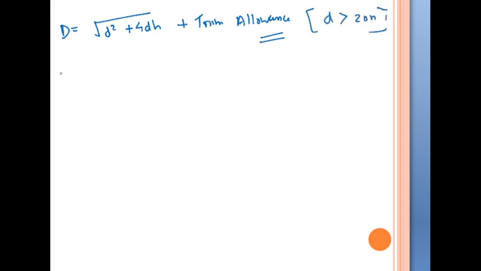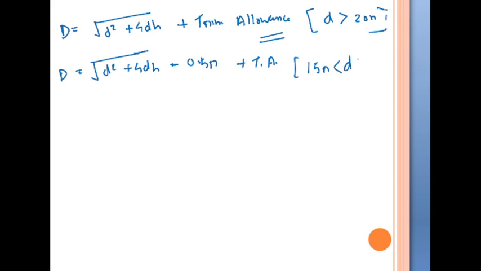On the other hand, D is equal to under root of d square plus 4dH minus 0.5R plus trim allowance, if d is greater than 15R but less than 20R.